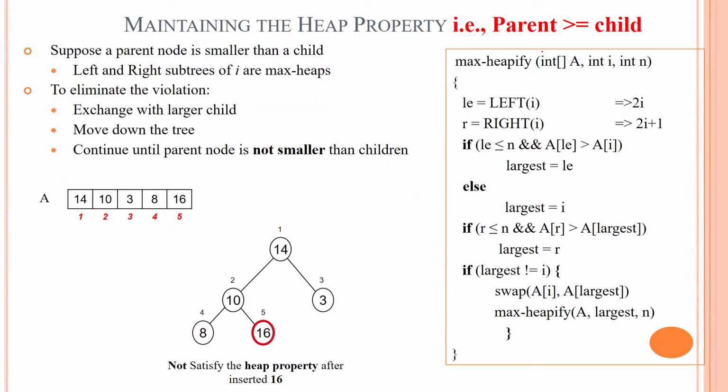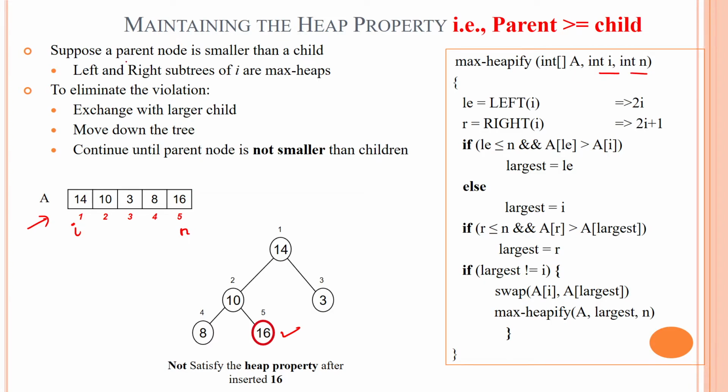Now look at that, the values are passed here. Here a different example is considered, where index value i is 1 and n is 5. Here we have inserted the node at the last index, that is 16.